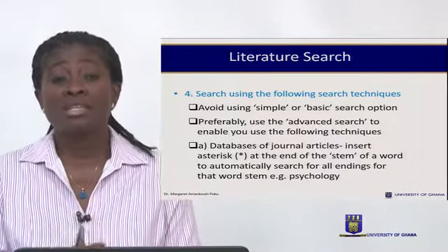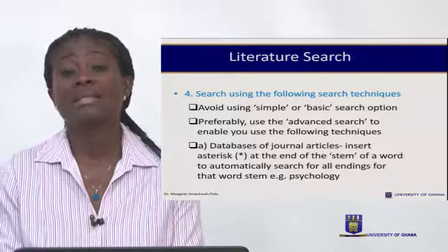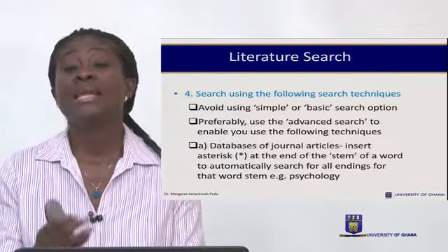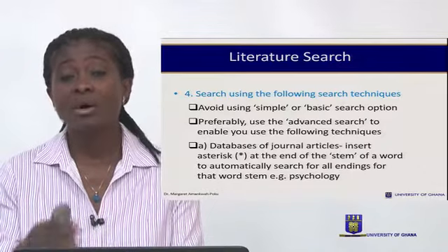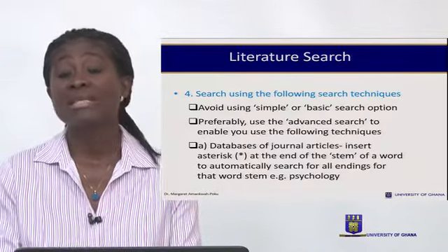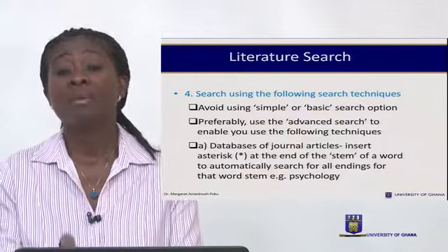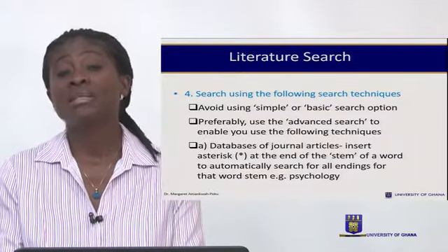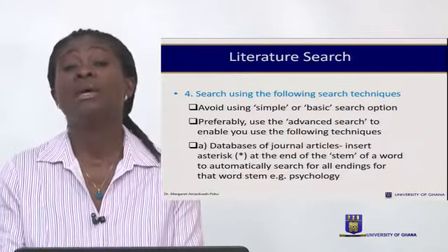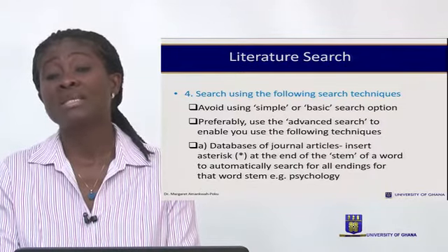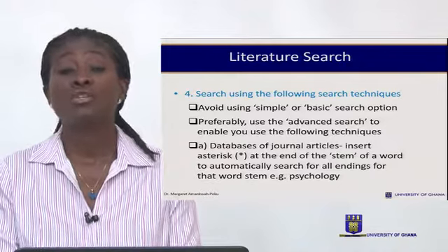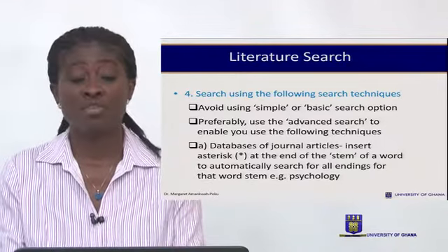Because when you do your literature search, you put in your keywords and then you click search, then it pulls out for you all journals, all textbooks, etc. Depending on the type of database, every published information that has those words that you've put in, the system will pull those sources of information out for you. And then it's your duty to read and see which one is of interest to you.